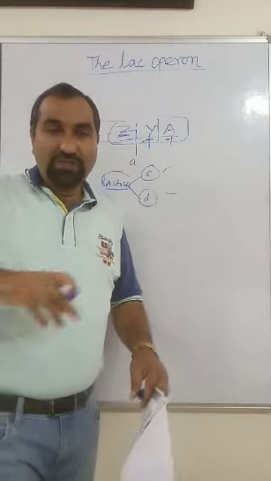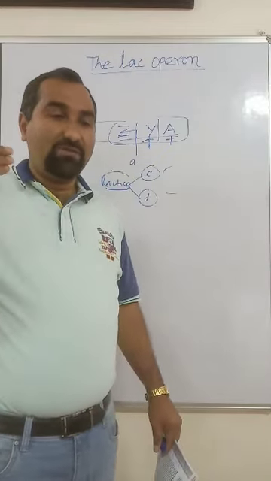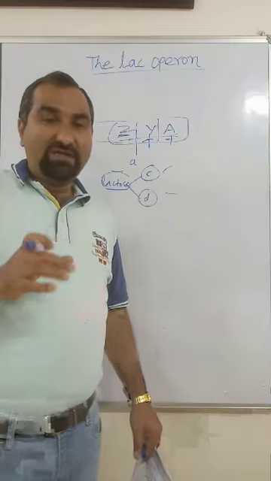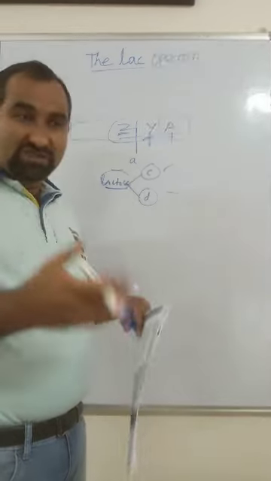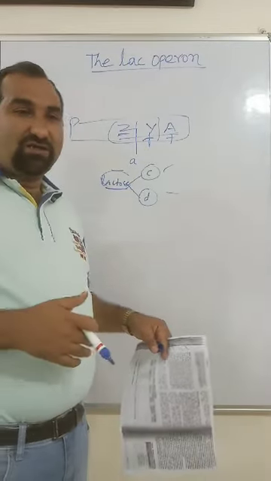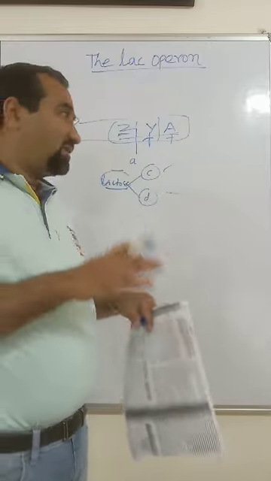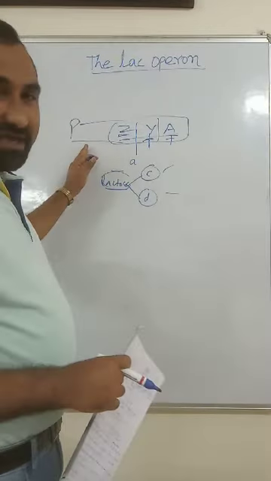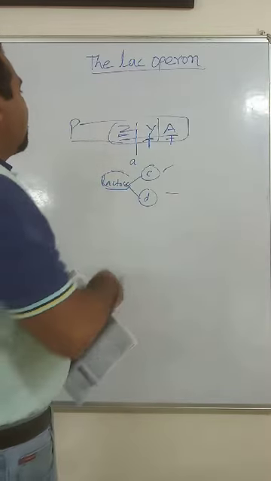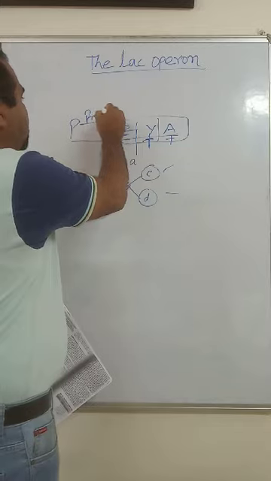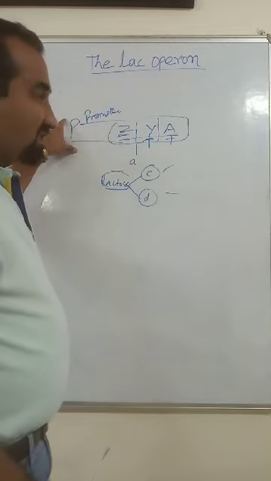We know the promoter is the sequence on DNA where a particular protein binds, and then replication or protein synthesis or messenger RNA production starts. That sequence where an enzyme or protein binds is called the promoter.